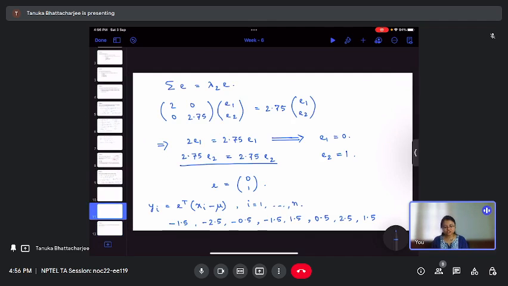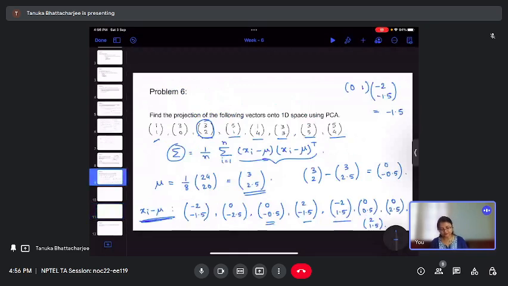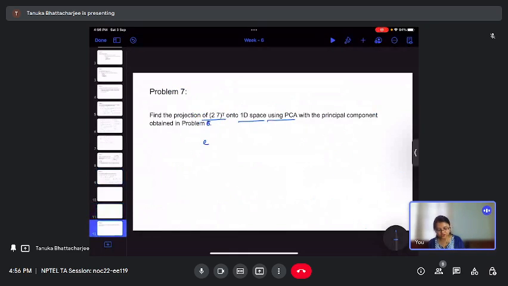So, this direction is basically the principal component. The principal component obtained here is 0, 1. So, your principal component E is 0, 1. You have to take the projection of (2, 7) onto 1D space using PCA.